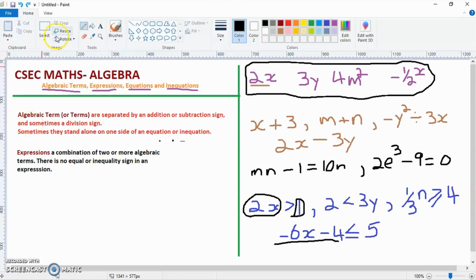Now we have inequations. Let's do equations first.